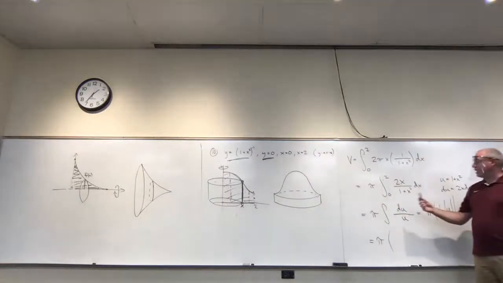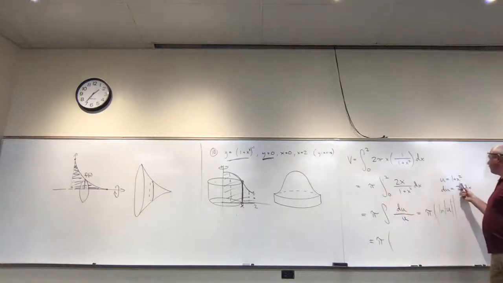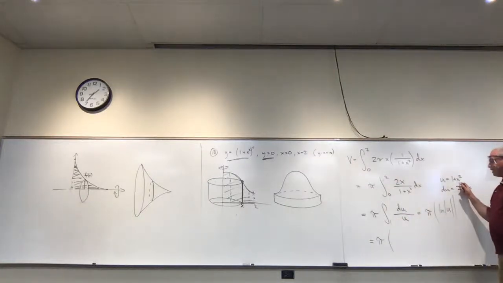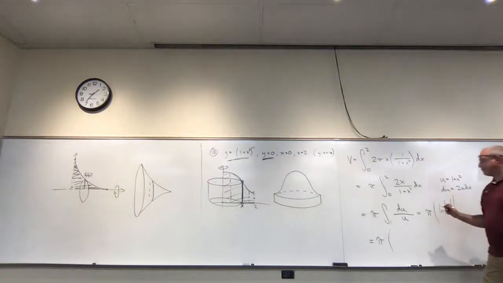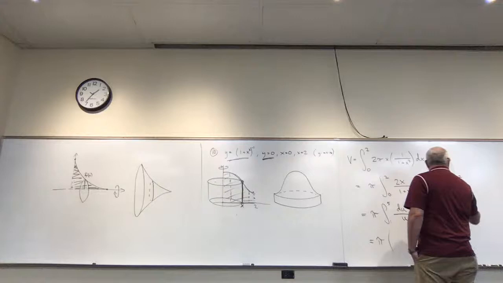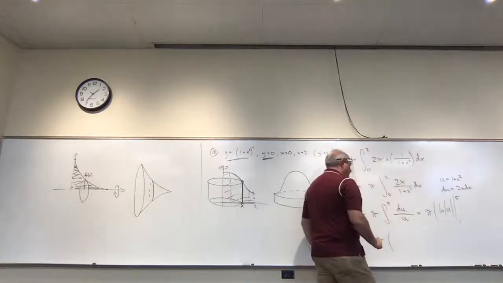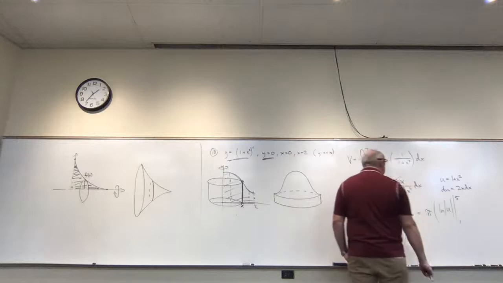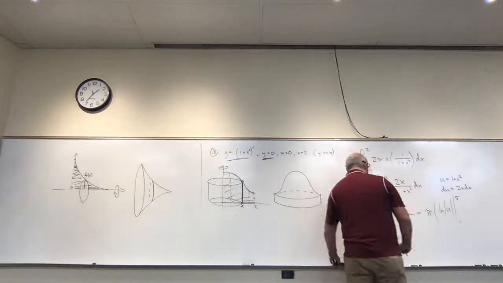So I forgot to plug in. If I plug in 0 for x, u would be what? 1. And if I plugged in 2 for x, u would be 5. Yeah, so that's what I should have done. So this is from 1 to 5. And then we plug in, and I get pi. Oh, what am I saying?